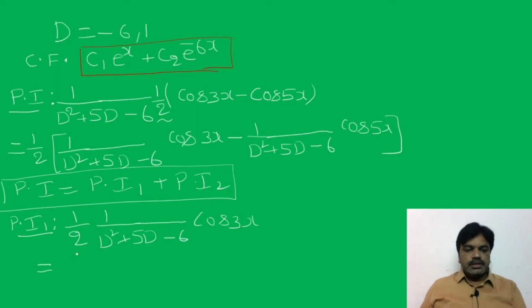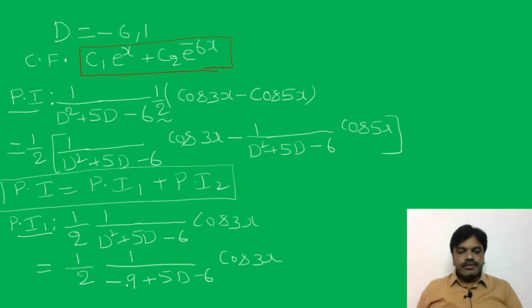Replace D square by minus 3 square. So we get 1 by (minus 9 plus 5D minus 6) into cos 3x. Now minus 9 minus 6 is minus 15.